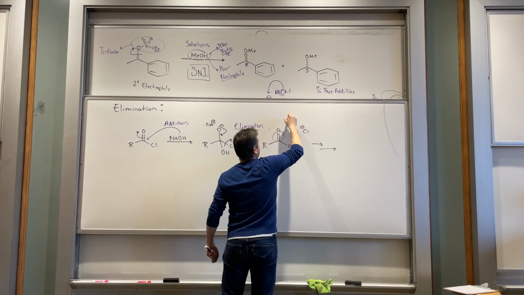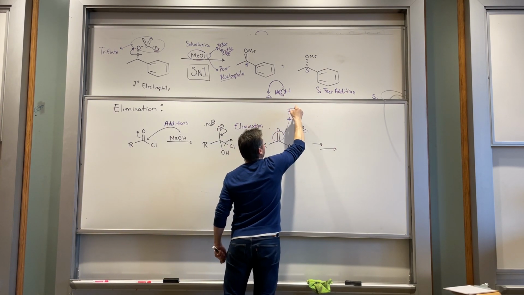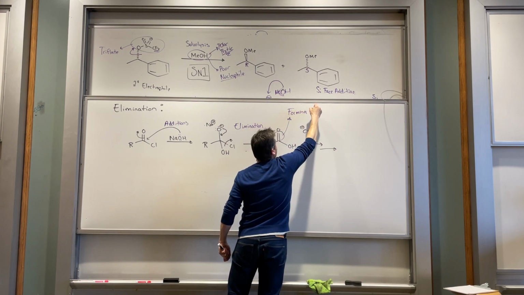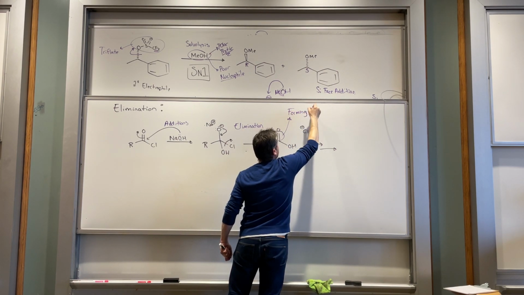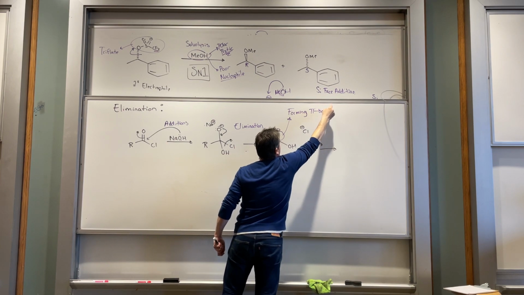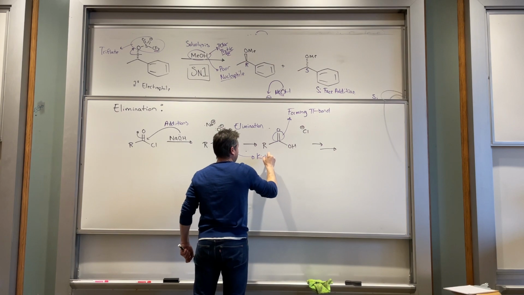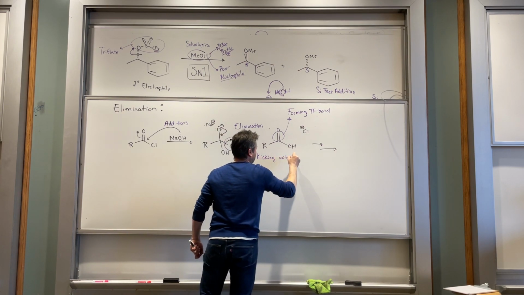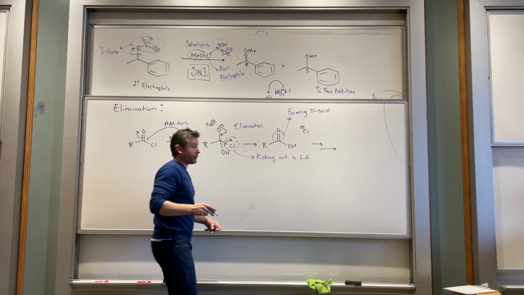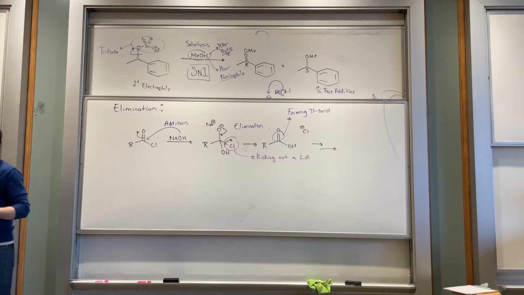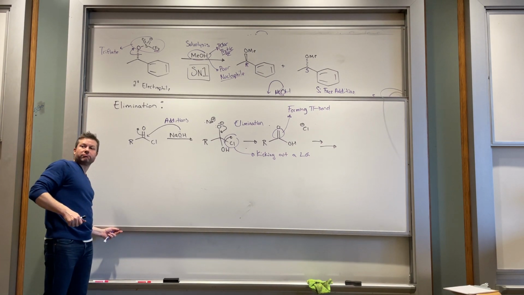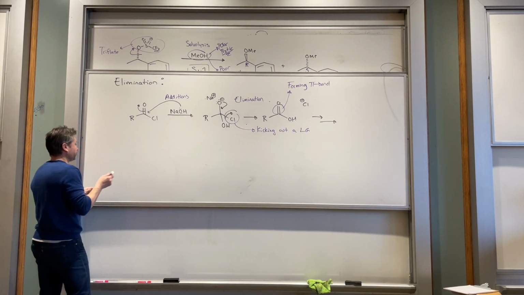You can see in that elimination, we're forming a pi bond, and we're doing that by kicking out a leaving group. So you've seen elimination reactions before. These are not new, we're just doing them on slightly different systems.